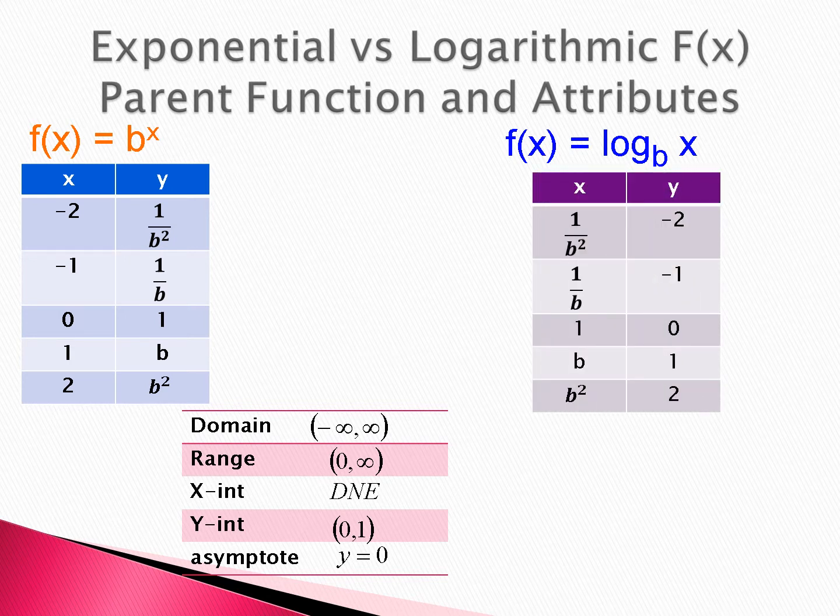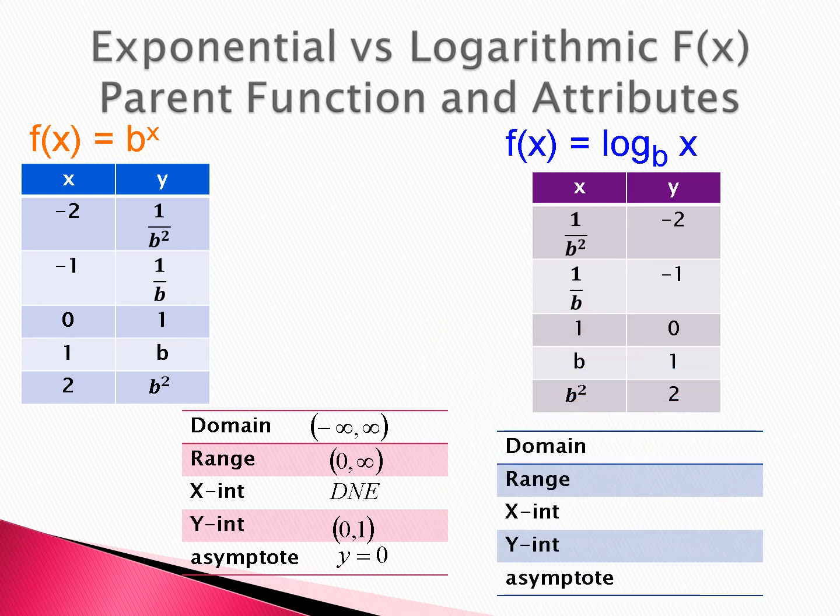You notice now my x's are 1 over b squared, 1 over b, 1, b and b squared. And your y's are the fab 5 of negative 2 to 2. So again, we just flip-flop. When you're forming your logarithmic parent function, you're just going to make your y's negative 2 to 2, and then populate the x column off of your y's.